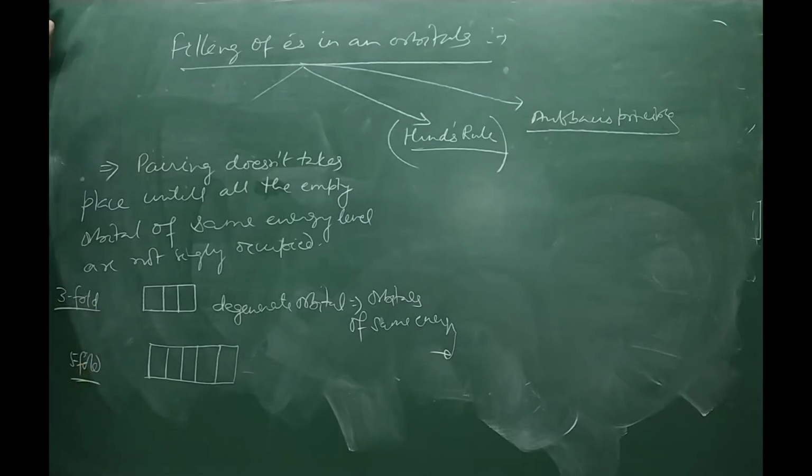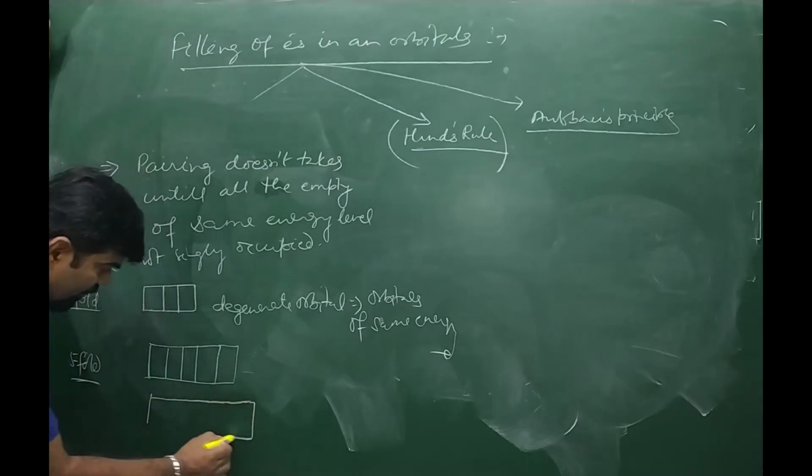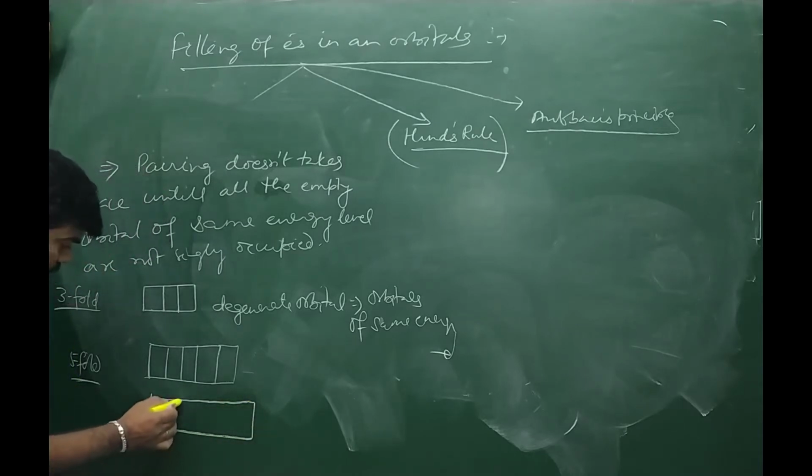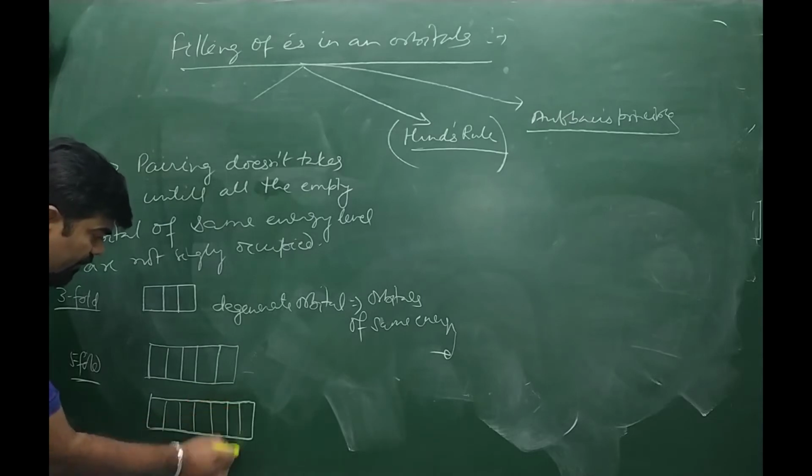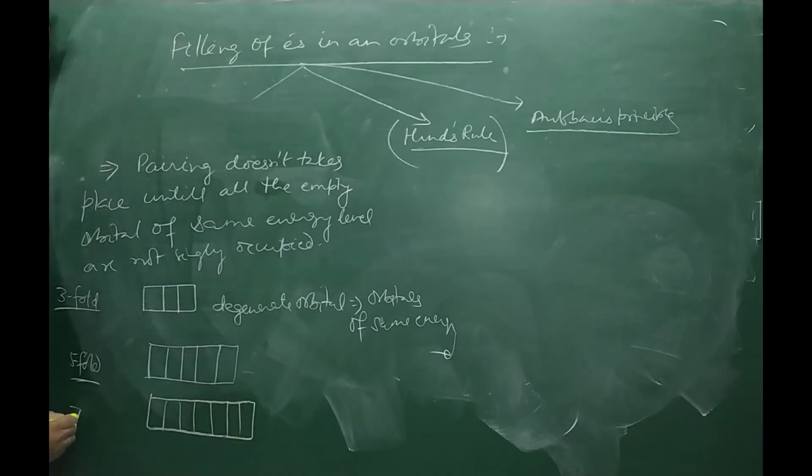The f subshell has 7 orbitals: 1, 2, 3, 4, 5, 6, 7. So they have 7-fold degeneracy. The p subshell has 3-fold degeneracy, the d subshell has 5-fold degeneracy, and the f subshell has 7-fold degeneracy.